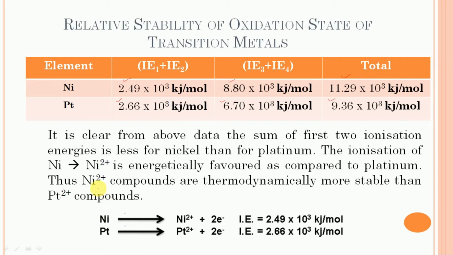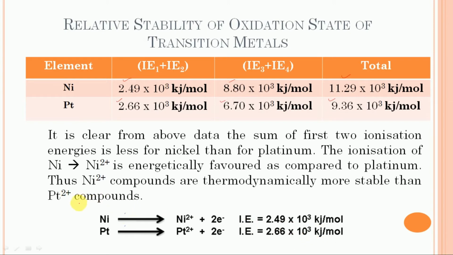So the ionization of nickel to nickel 2+ is energetically favored as compared to platinum. When nickel changes to nickel 2+, the ionization energy is 2.49 × 10^3 kJ per mole, while when platinum changes to platinum 2+, the ionization energy is 2.66 × 10^3 kJ per mole.